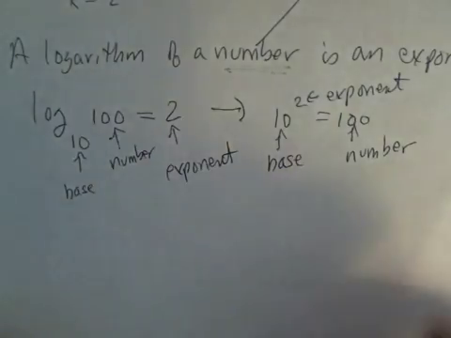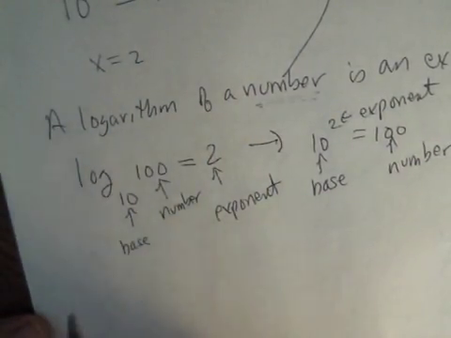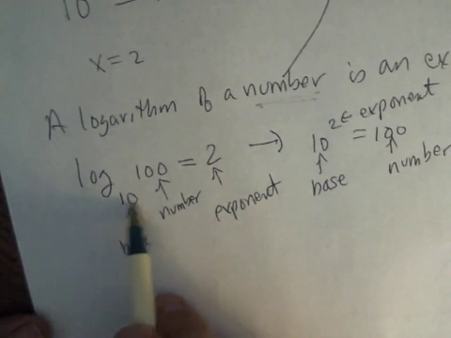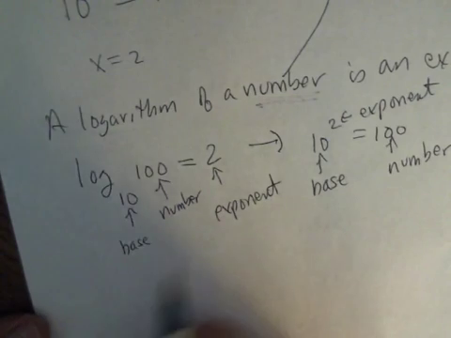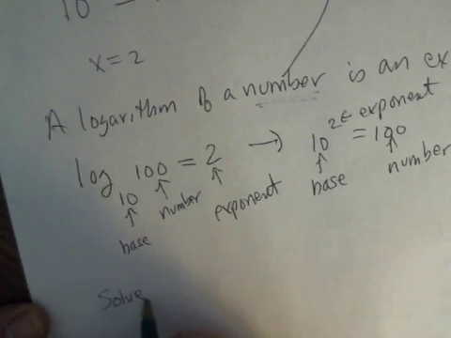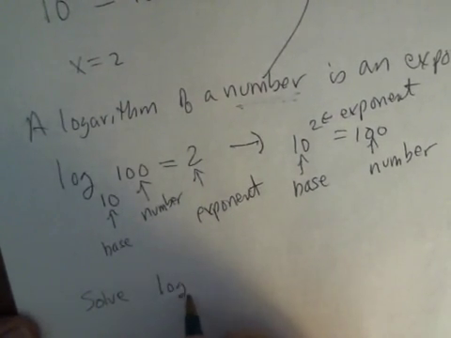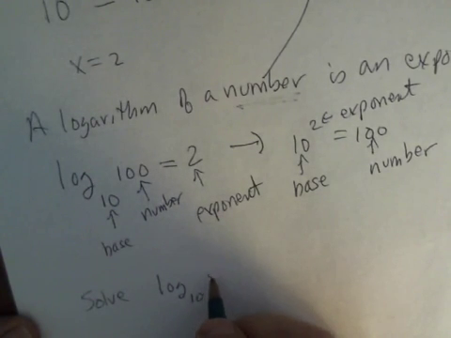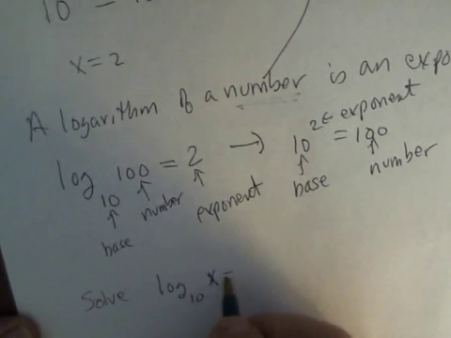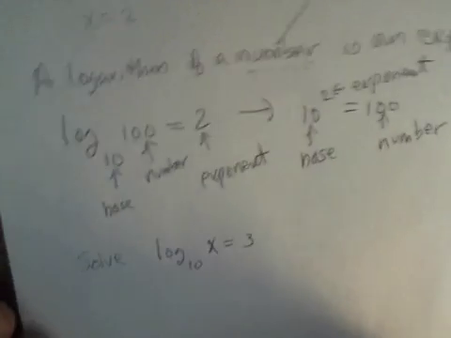So let me just show you what I'm talking about. And again, we're just going to deal with base 10. Most of the time when you see equations where the base is not written, we assume it's 10, but I'm going to write it so you understand what's going on. Let's just say I wanted to solve log base 10 of x equals 3.